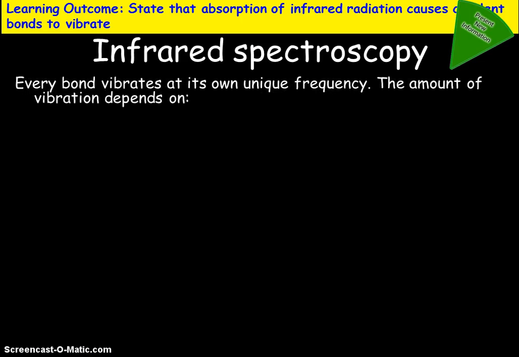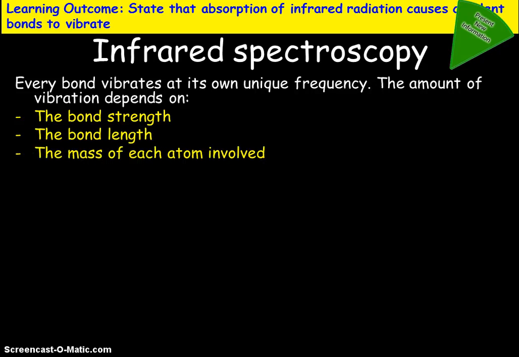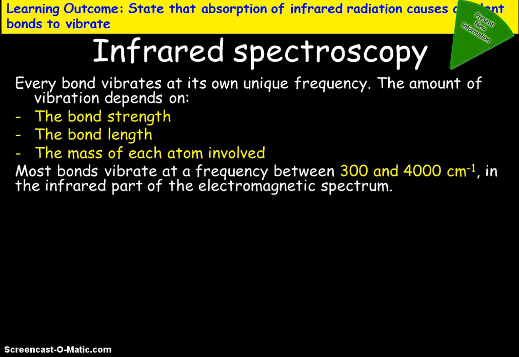So bonds vibrate on their own unique frequency, and the frequency that they absorb depends on the strength of the bond, the length of the bond, and the mass of each of the atoms involved in the bond. So most bonds will vibrate at a frequency between 300 and 4,000 centimeters to the -1, which we call a wave number, and that's the infrared part of the spectrum.